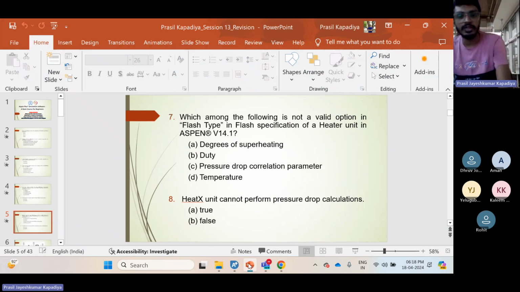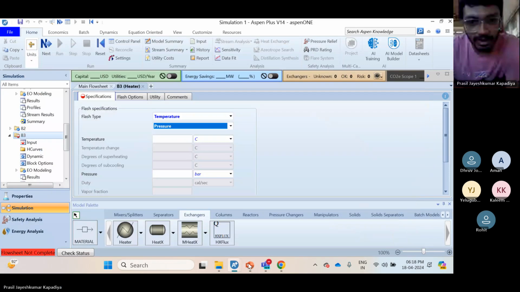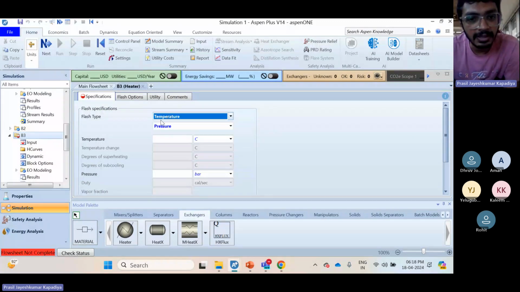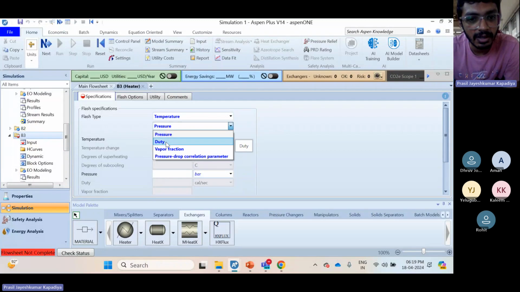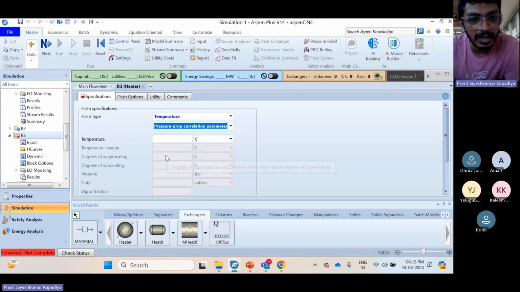So all of these are valid options. There is no option that is not valid. Is this clear? We can give all these inputs.